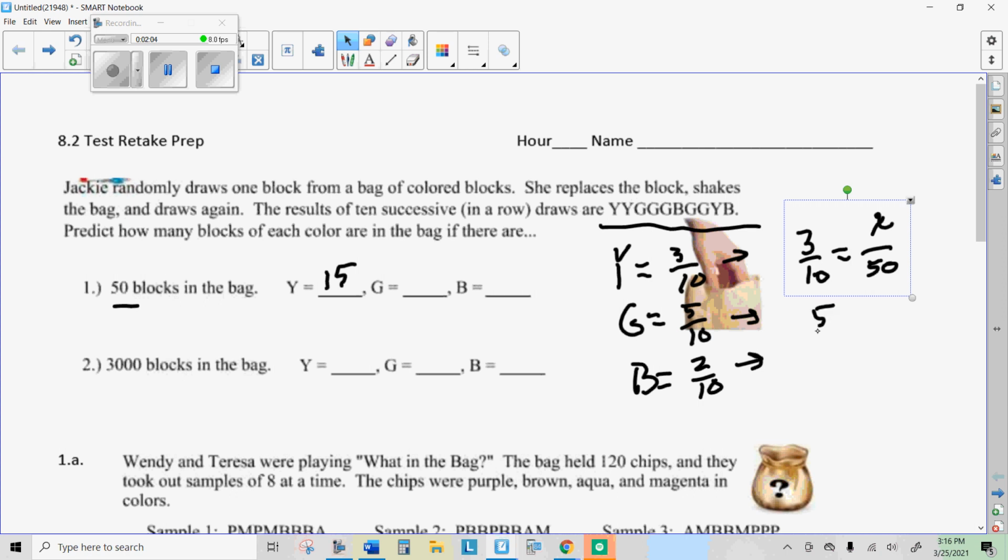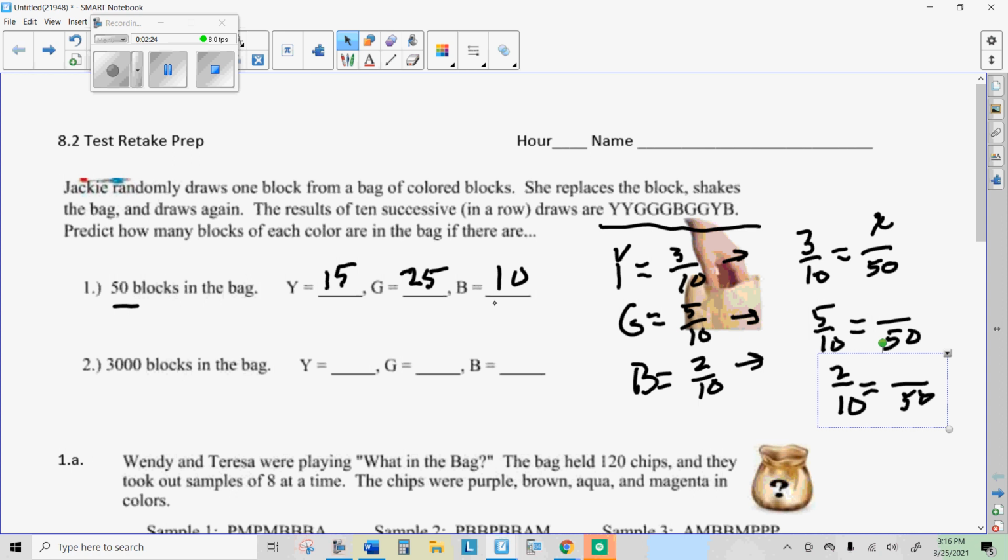We got 5 out of 10 equals how many out of 50? 5 times 50 is 250, divided by 10 is 25. And then for blue, we got 2 out of 10, which equals some number out of 50. And 2 times 50 is 100, divided by 10 is 10. The last thing you're going to want to do is just make sure all these numbers add up to really close to 50.